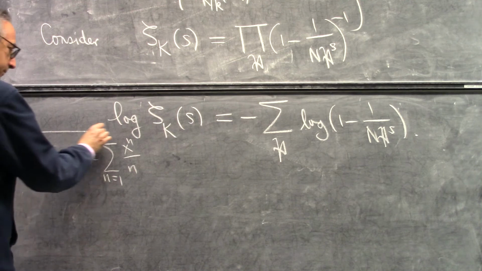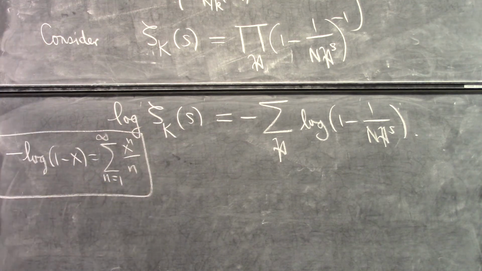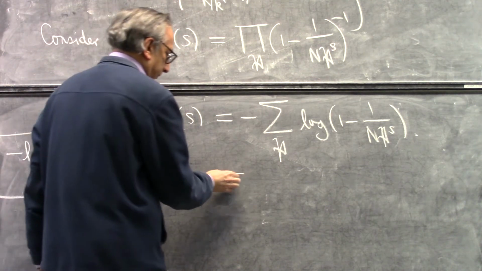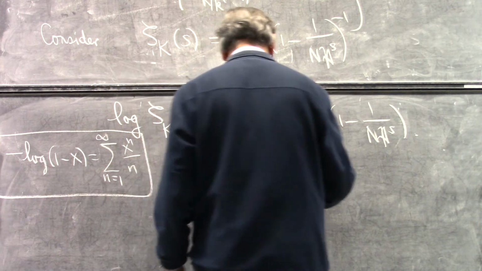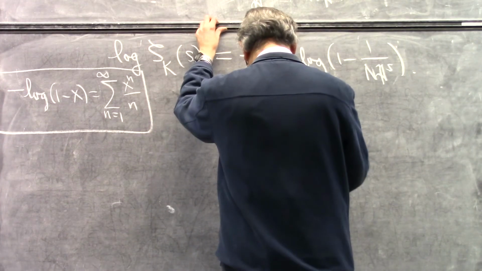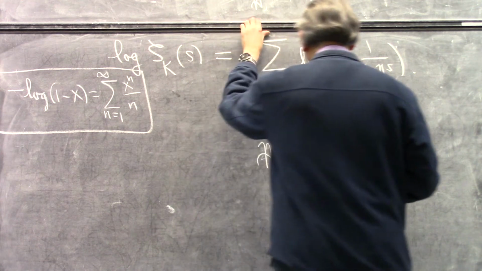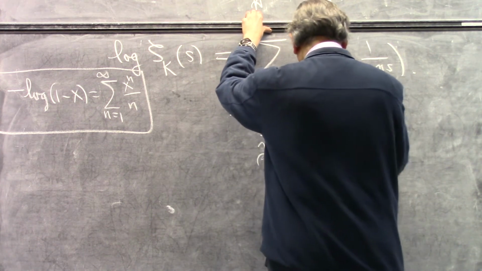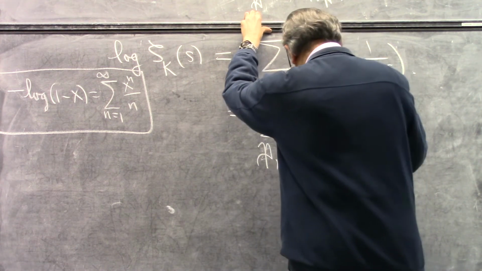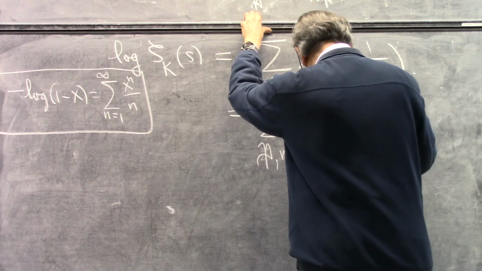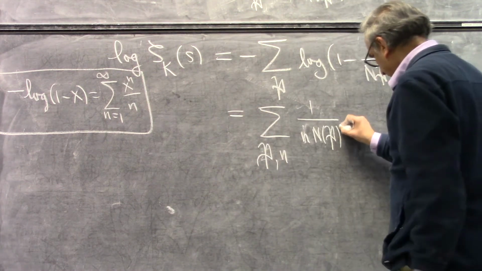Using this from back in calculus, you see that this is equal to the summation over n of 1 over n times norm P to the ns.